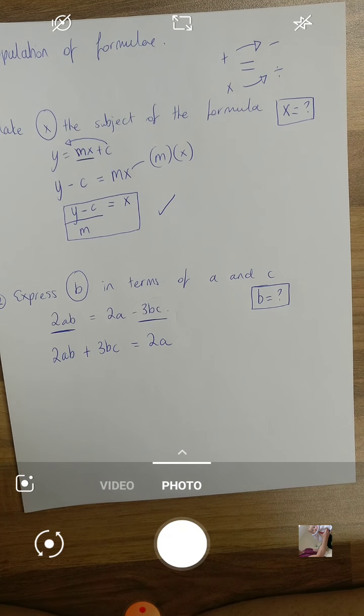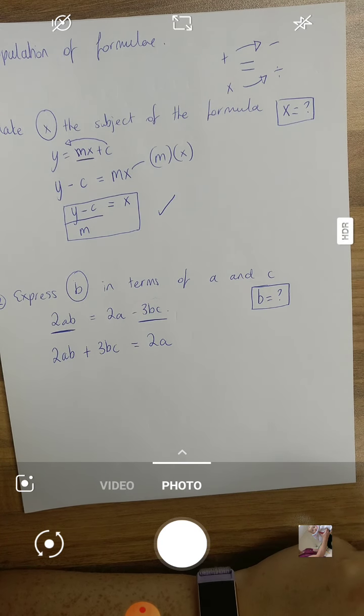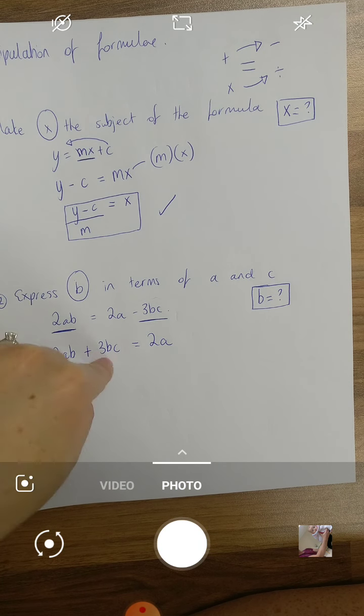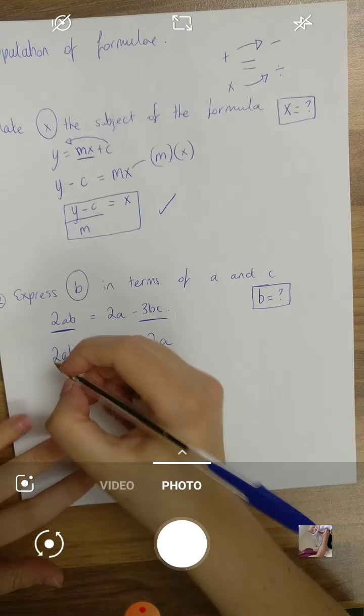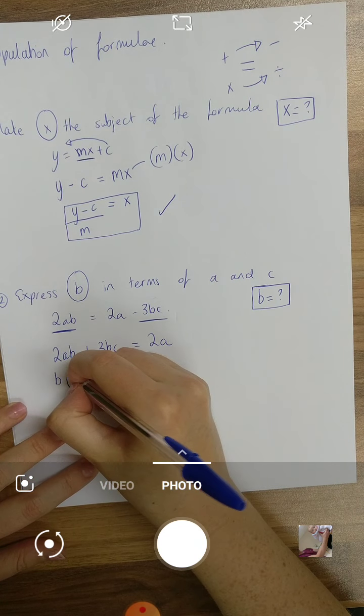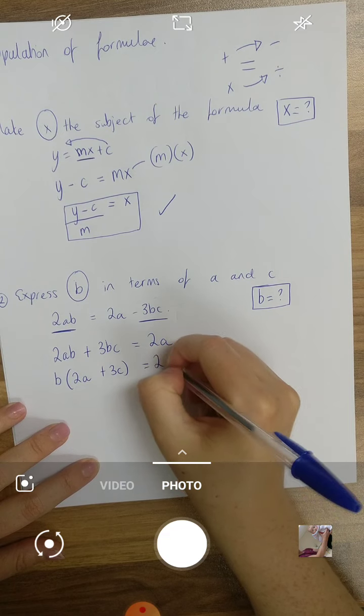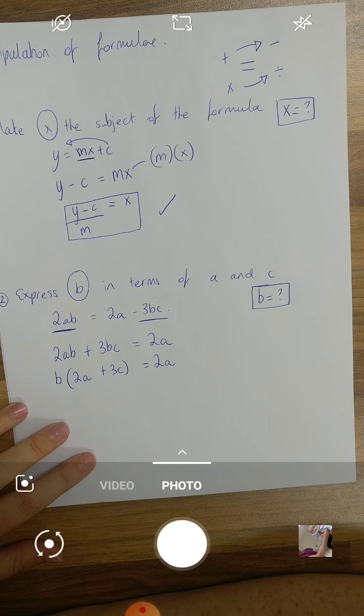Now, if you remember in our factorizing video, factorizing using the highest common factor means you have to take out what the terms have in common. And this is the only way we can get b on its own, is by factorizing these two terms. So they have a b in common, and we're left with 2a plus 3c, and that's just equal to 2a.